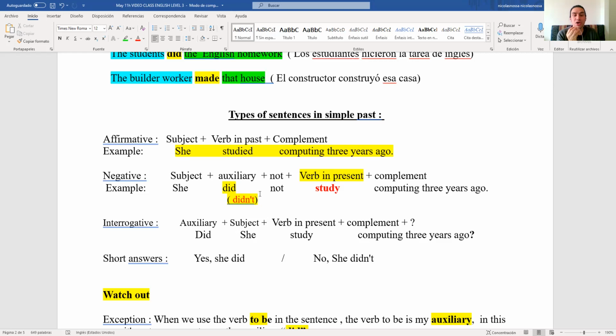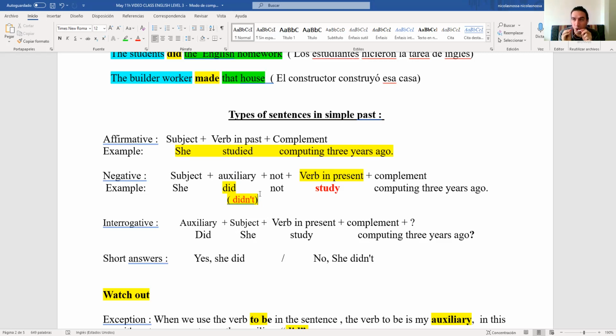Example: she not study. This is a typical mistake in students, no? You say, she not like, no. If you want to say it, she doesn't like, present, or she didn't like, auxiliary. So the auxiliary in English is very, very important, guys.